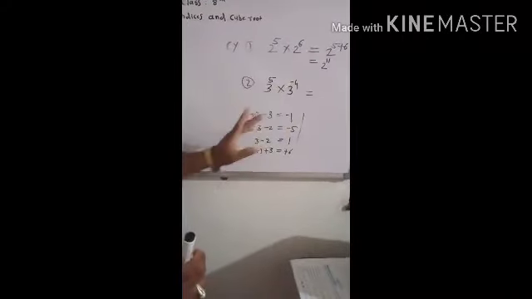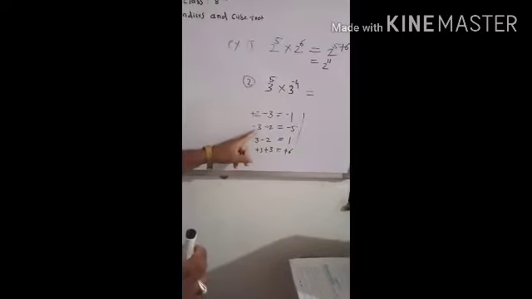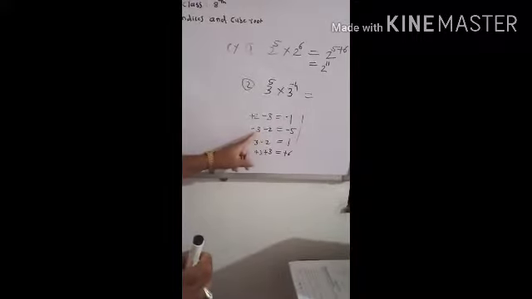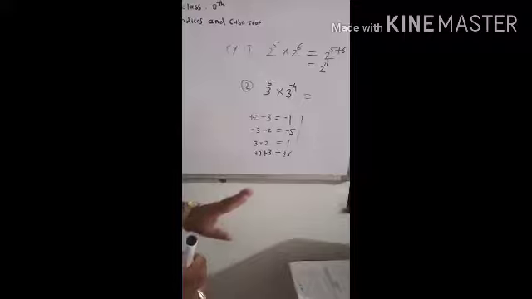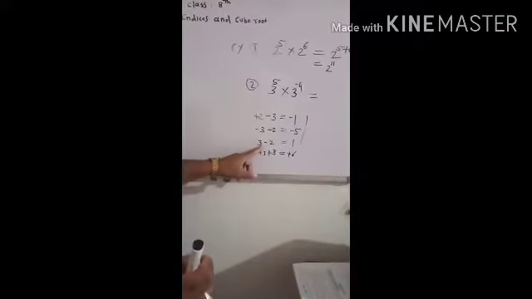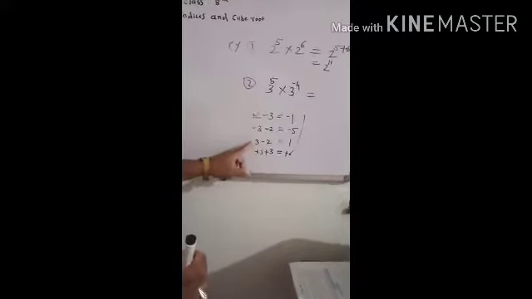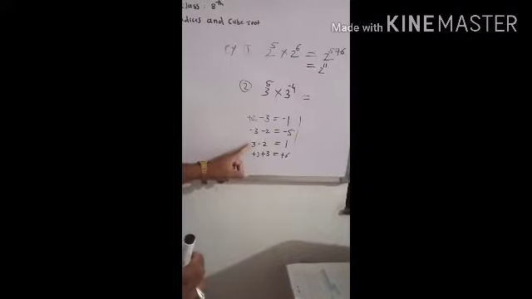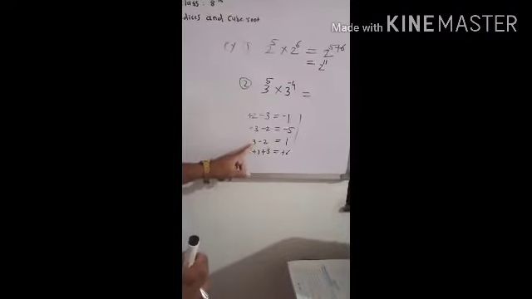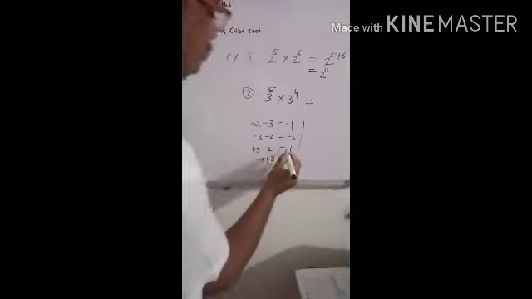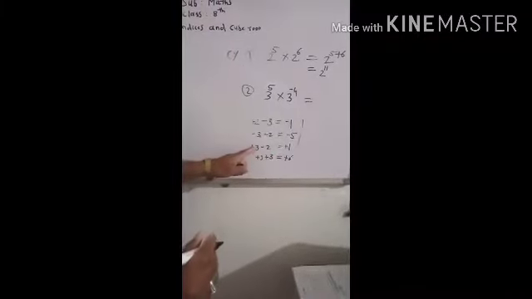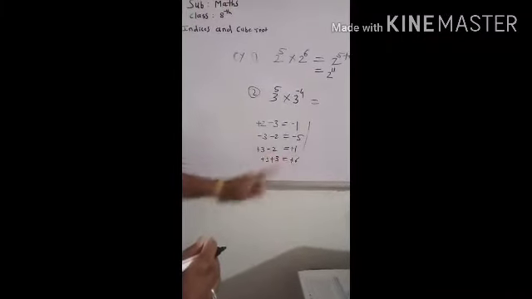Sign is important here. When the two numbers have the same sign, we will take this sign and we will add the numbers. When there is a different sign, then we will take the sign of the greater number. This is the greater number, 3, having sign plus. Therefore, we will take plus here and we subtract 2 from 3. This is 1.